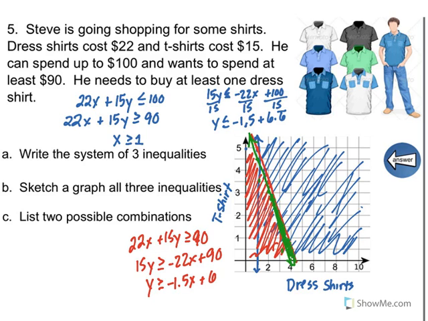You could get 1 dress shirt and maybe 5 t-shirts. So we don't have a whole lot of options here, but those are 2 options that he could potentially have.